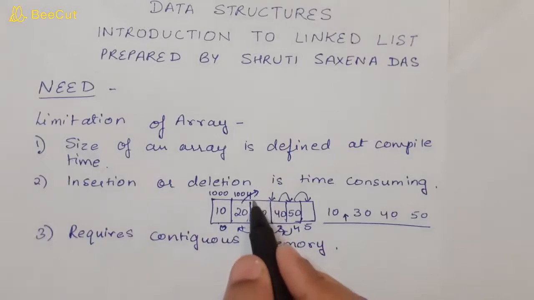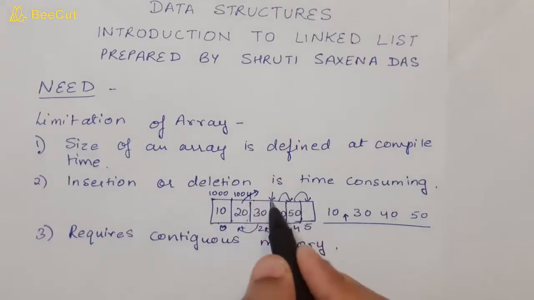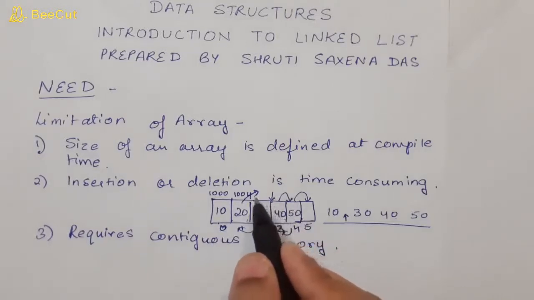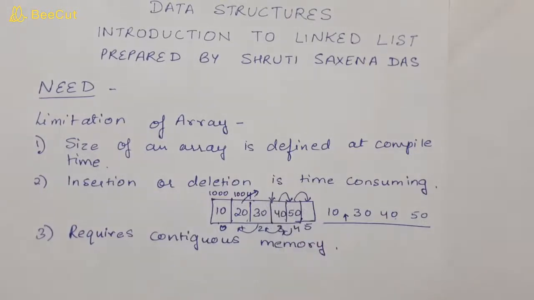After that the next location will be after 4 bytes, so this 30 will be stored at 1008. Like that it is going to store all the elements one after other in the memory. So these are the main limitations of array. Now to deal with these problems of array, there is a concept of linked list in which all these limitations can be removed. So that is the basic need of linked list.